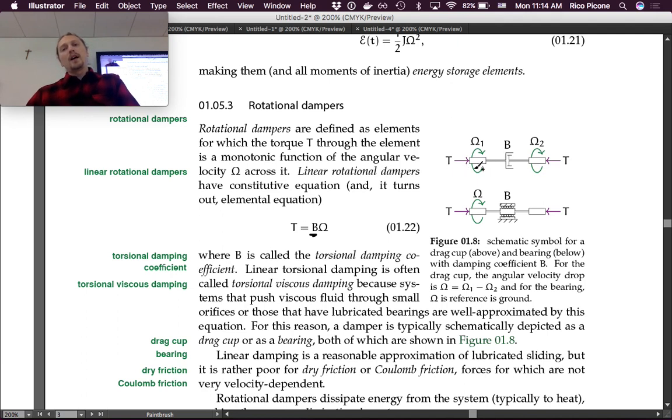So you have a torque that's transmitted through here, and each side of this can have a different angular velocity. This upper one is called a drag cup. It's really useful for certain applications when you want to have the two shafts be coupled at high speeds, but at low speeds they're not really that coupled.